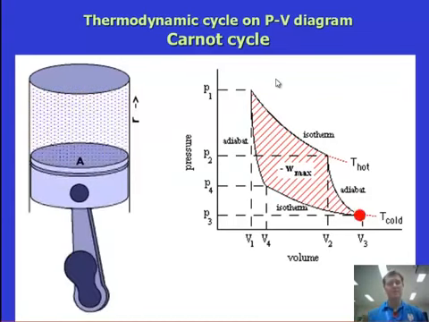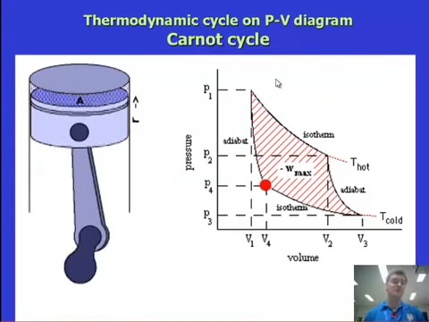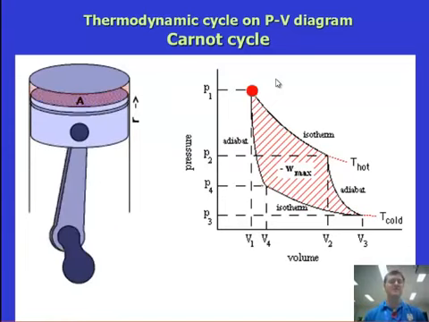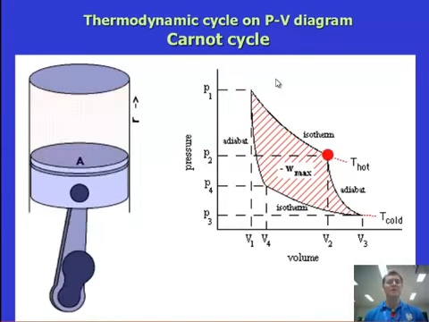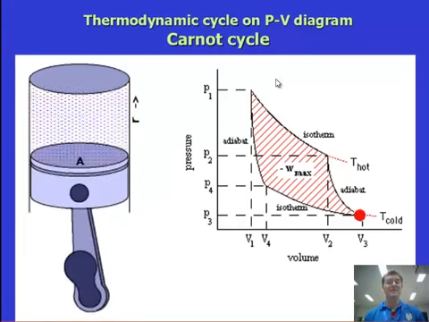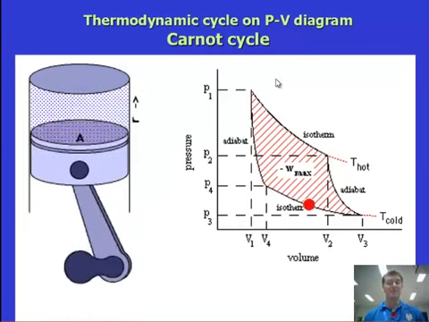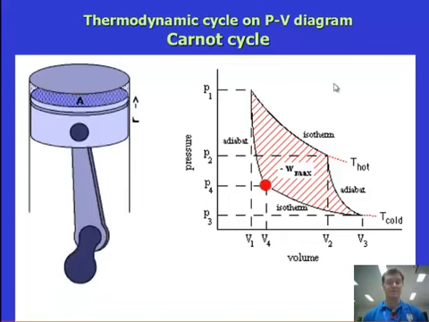That allows us to go through a loop, and this is actually what happens in a piston engine. So it's not the simple rectangle, but still the net work done is going to be the area of the shape in the middle of this cycle.